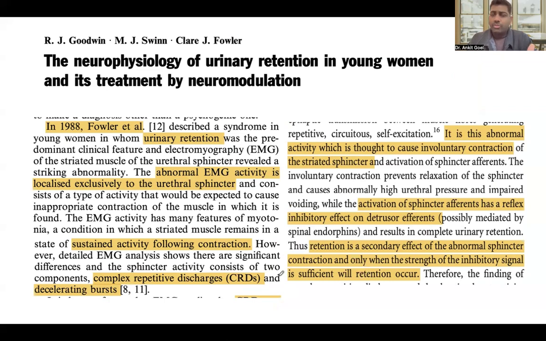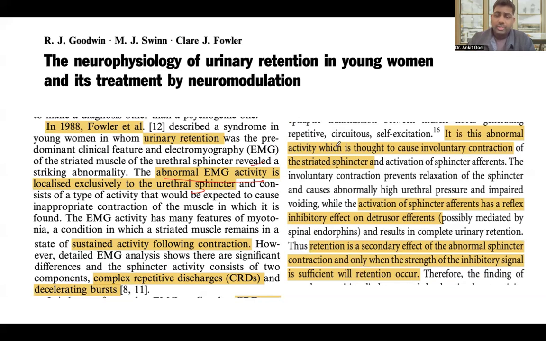And what's the main pathophysiology? If we discuss the pathophysiology, it's mainly because of the increased sphincter electrical activity. So in the striated urethral sphincter, there is abnormal EMG activity which is localized to the sphincter and which is responsible for this tension. Now, this abnormal electrical activity present in the sphincter has some bearing on the detrusor contraction as well.